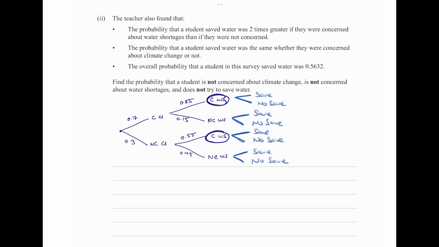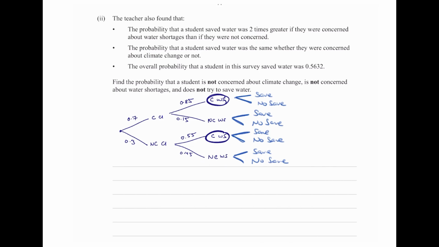So where do we care about water shortages? We care about it in these 2 branches. So if we actually did care about water shortages, then that's going to be 2 times greater. It's going to be 2 times more likely for us to save that water, compared to if we weren't concerned. Okay, so not concerned are these ones.